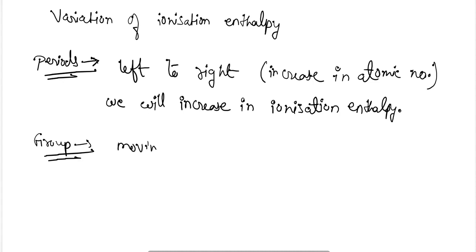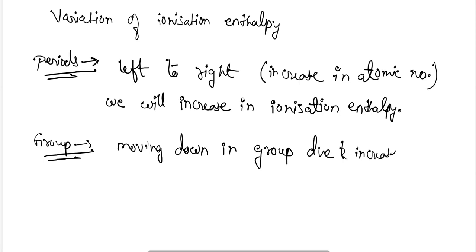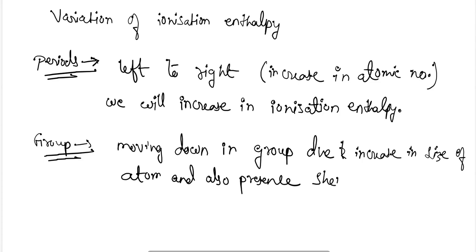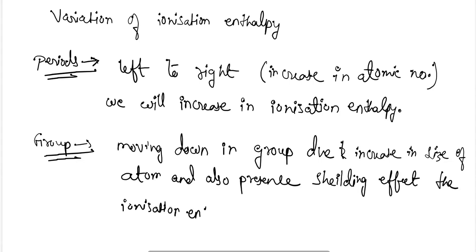And for groups, moving down in a group, due to the increase in size of the atom and also the presence of the shielding effect, the ionization enthalpy decreases.